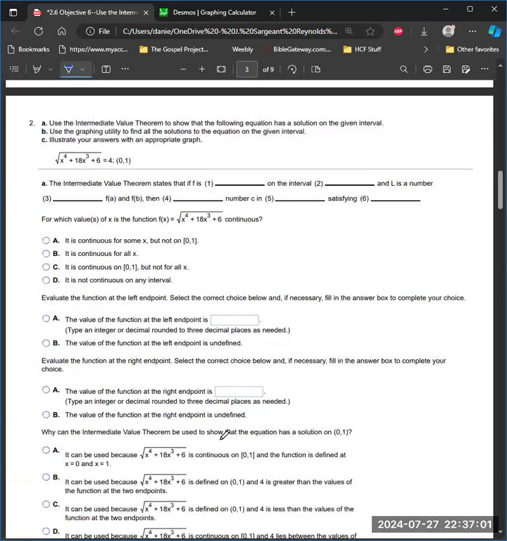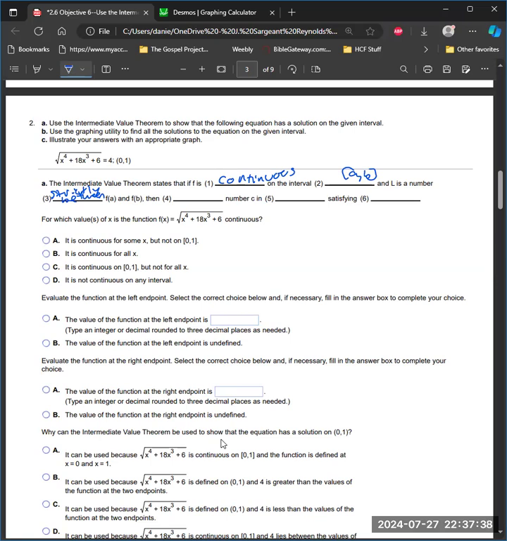All right, let's look at number 2. Let's use the intermediate value theorem to show that the equation has a solution in the given interval. So this is continuous on the interval a to b. L is the number strictly between f of a and f of b.